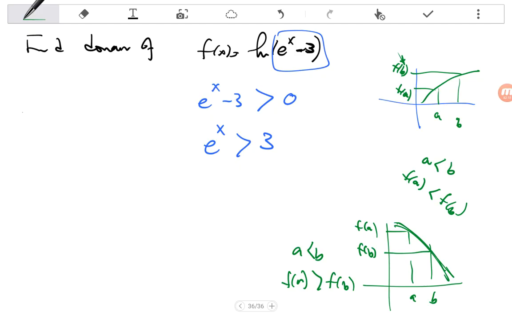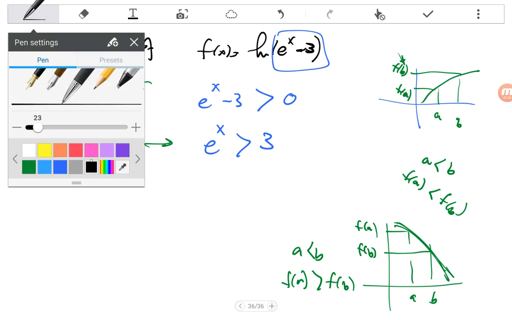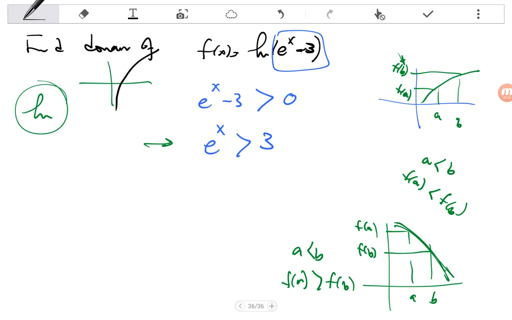So I need to know, what about applying ln to both sides of this inequality? It is the same as asking, is the ln increasing or decreasing? We just learned the graph of ln. It was just like this. Is it an increasing function or a decreasing function? It is an increasing function. So it just keeps the order of the inequality.